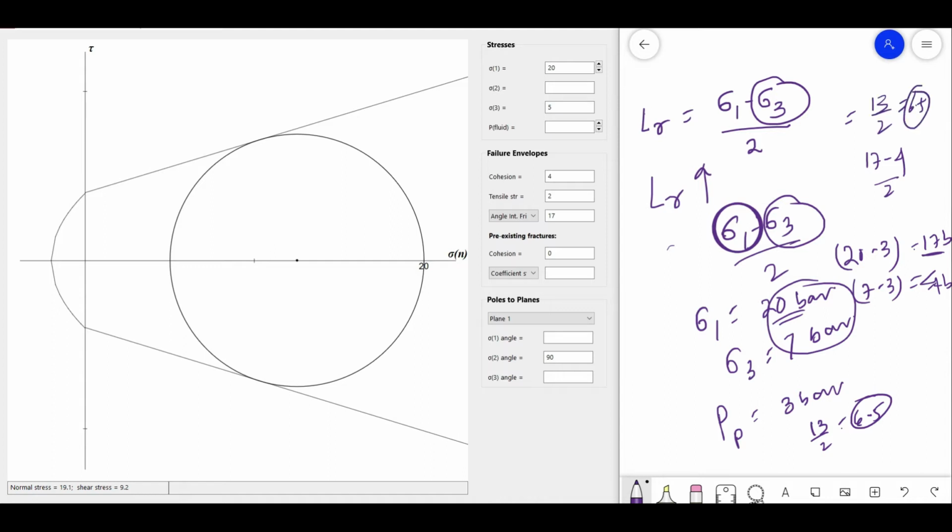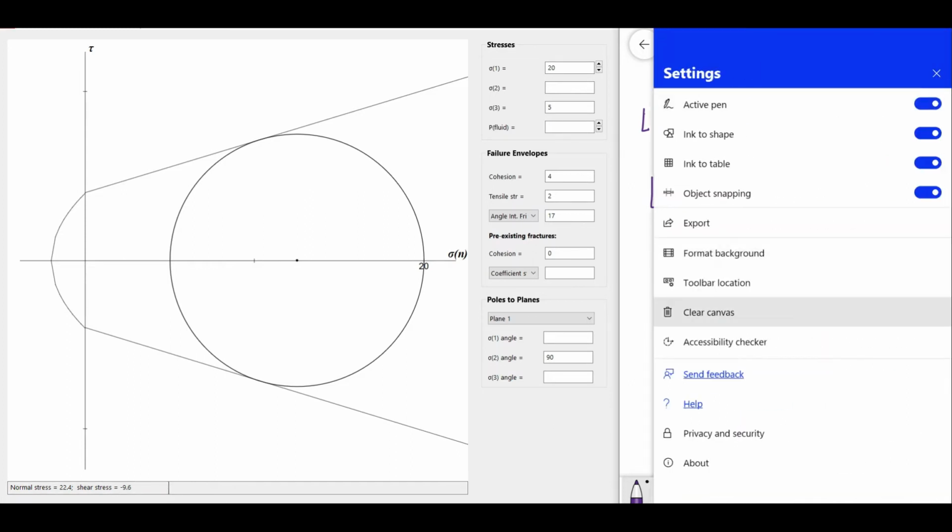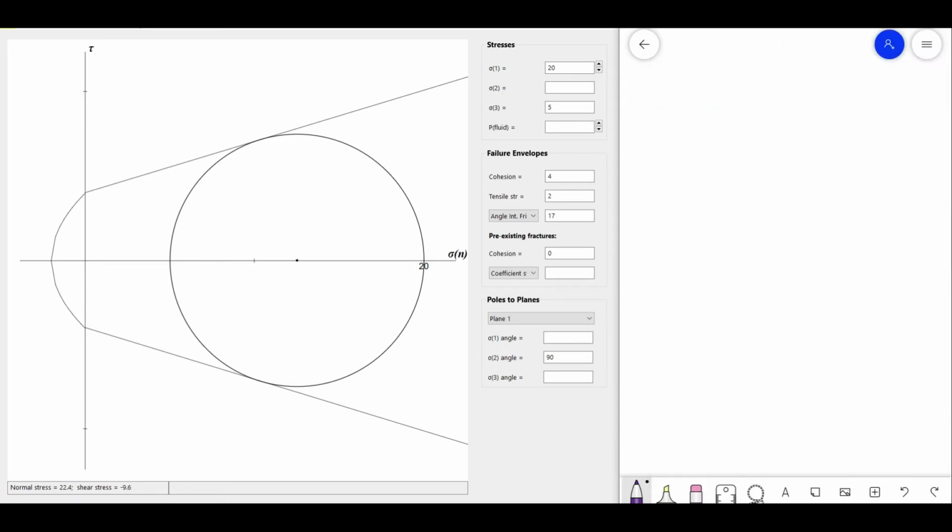So the radius of the circle is actually constant, but as we are changing the coordinates, we are shifting the circle towards the left. And as we have already discussed in the previous video, to make a fracture or failure of a particular plane, we need to know the point of intersection of the tangent and the Mohr circle.